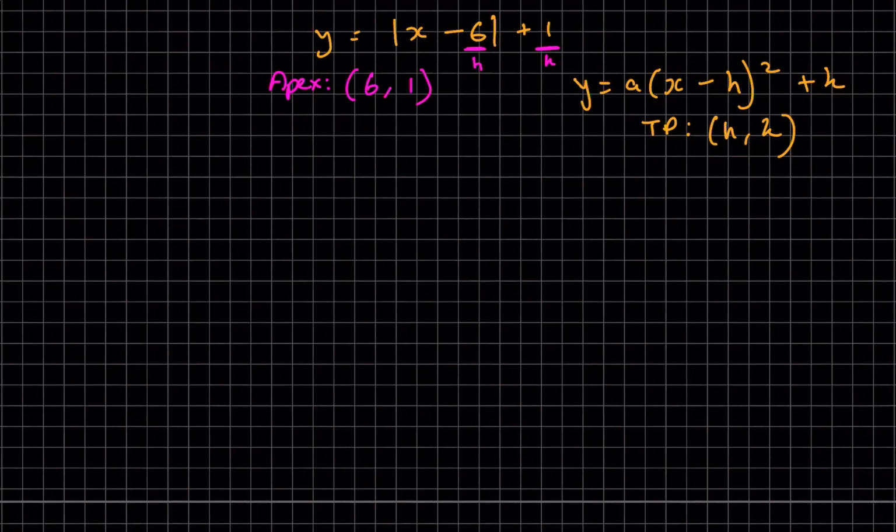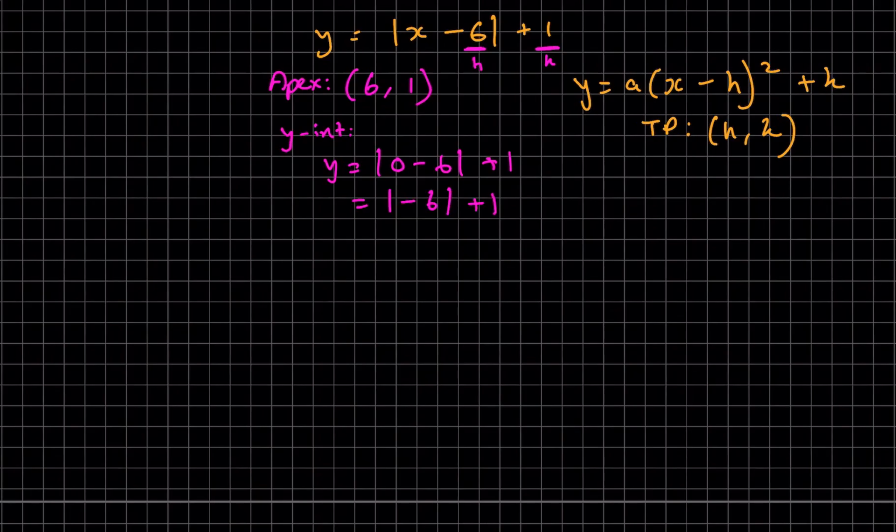Again, we have to find our other special features of a graph, including our y-intercept and our x-intercept. So let's go ahead and do that. So if we are to find our y-intercept, we are simply going to make x equals 0. So we would get y equals the modulus of 0 minus 6 plus 1, which would equal the modulus of negative 6 plus 1.